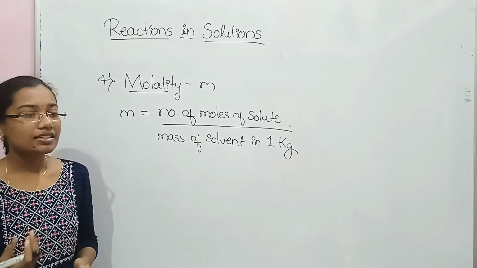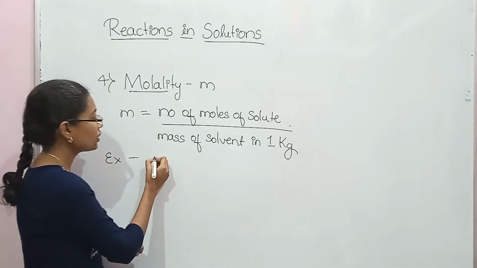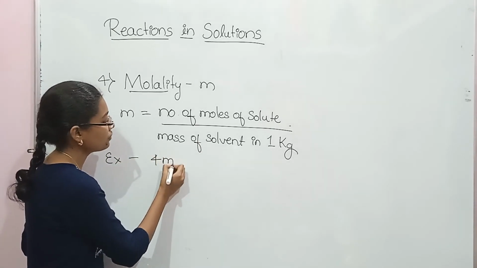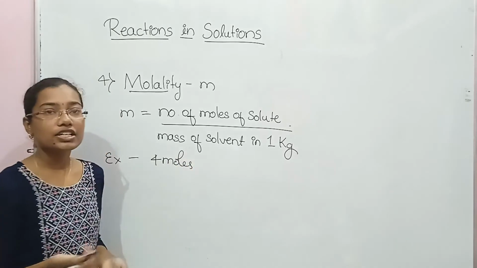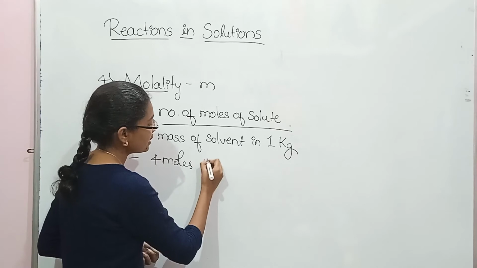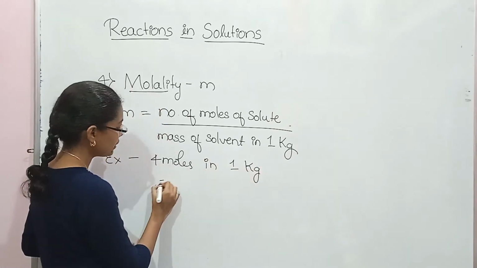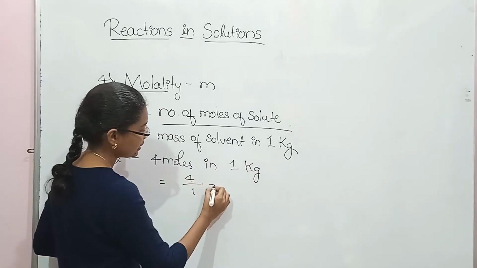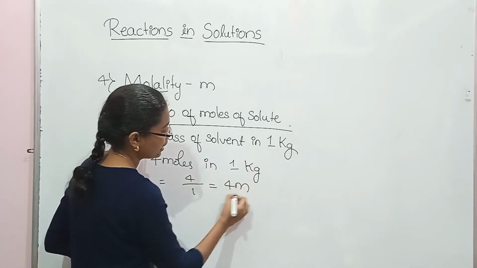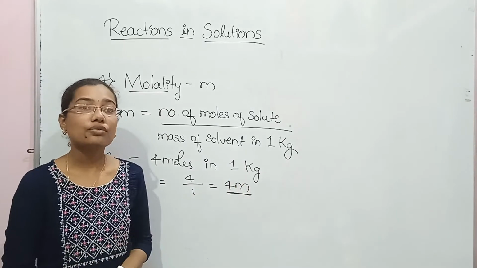Okay, we'll see the same example. You take 4 moles NaOH dissolved in 1 kg water. Okay, 4 moles in 1 kg. Then it will become 4 divided by 1, that is 4 m. Here it is denoted by small m. So the molality becomes 4 m.